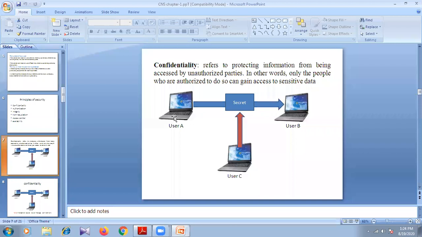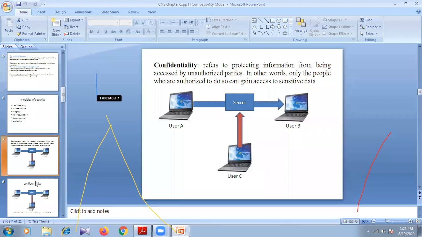Here you send the information from user A to user B, and the third party is user C. You send the data from user A to user B without involvement of user C. This is the way you provide confidentiality to that data.